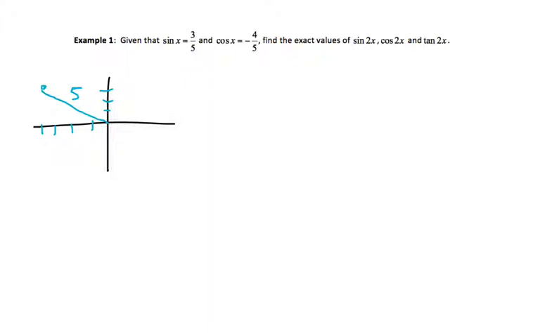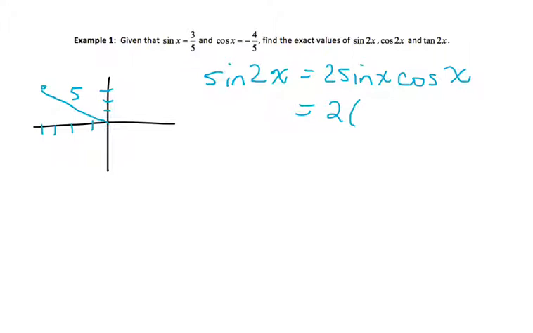So sine 2x, we've just discovered that sine 2x is 2 sine x cos x. Well, we know that the sine x value is 3/5, the cos x value is negative 4/5, so that's going to turn into negative 24/25, exactly.